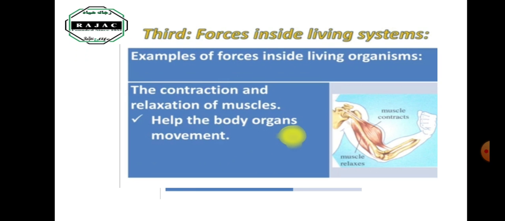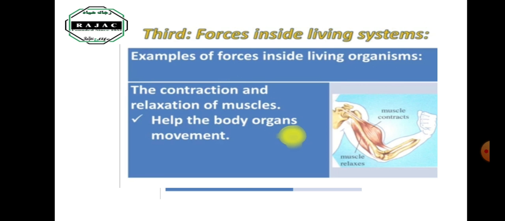Number two, let's talk about the second example of the force inside the body, such as the muscles. The muscles of your body relax and contract. So there is a force that causes contraction or relaxation of the muscles, that help the body organs movement. So here we have two examples.